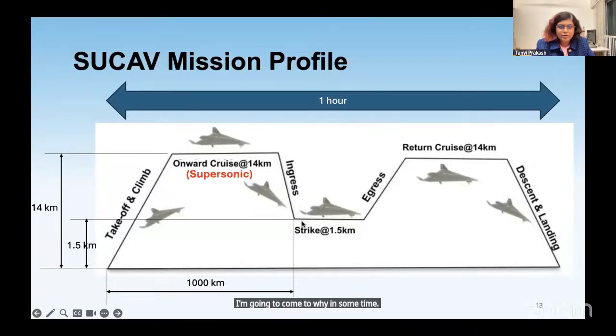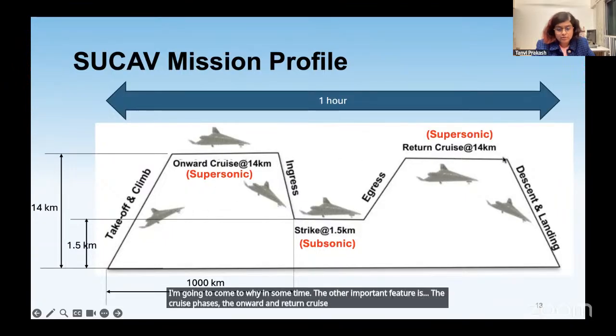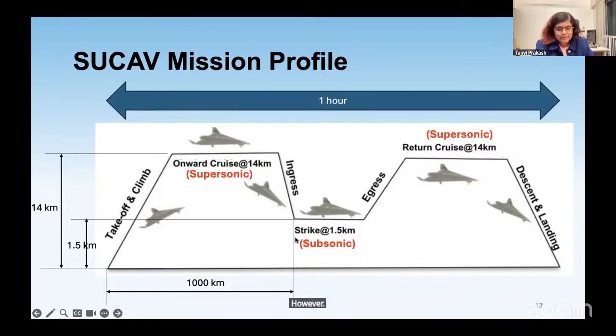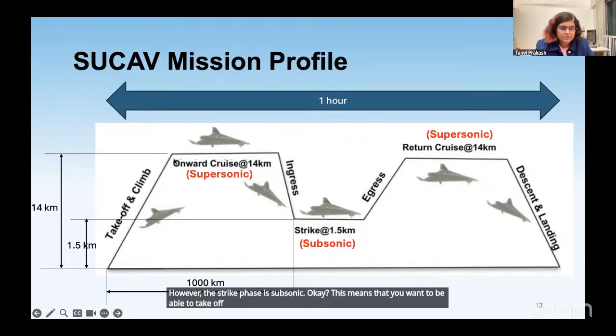The other important feature is that the onward and return cruise phases are both supersonic. However, the strike phase is subsonic. This means that you want to take off as fast as possible, cruise as fast as possible, and cover this entire distance of 1,000 kilometers as fast as possible.